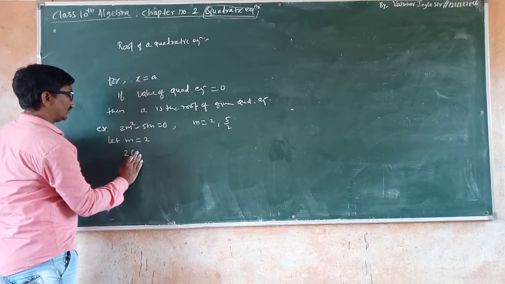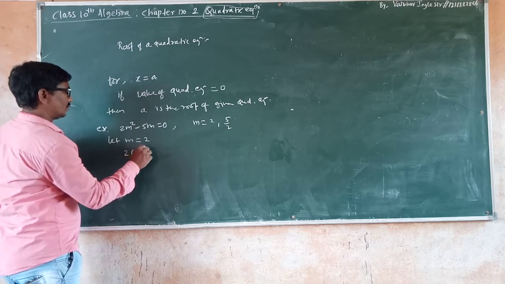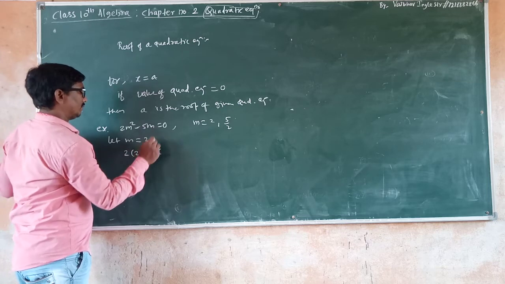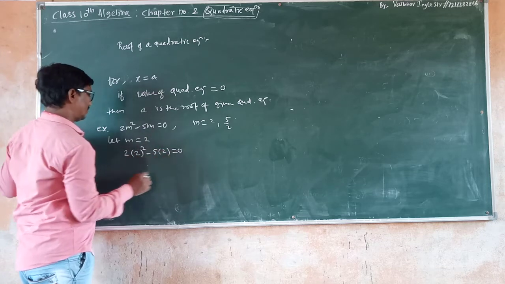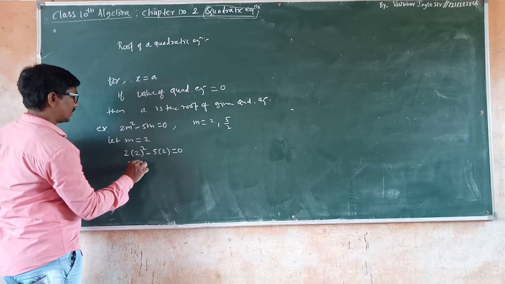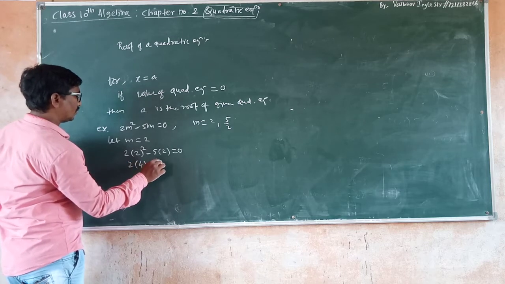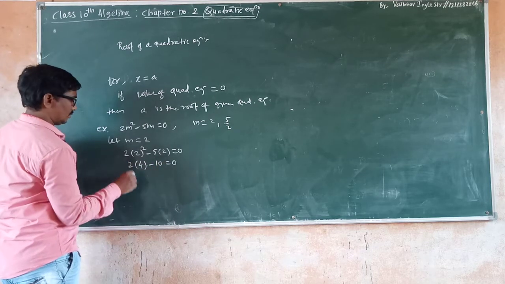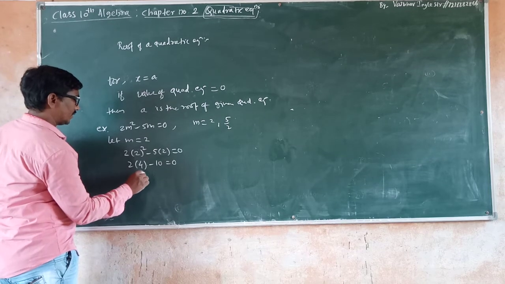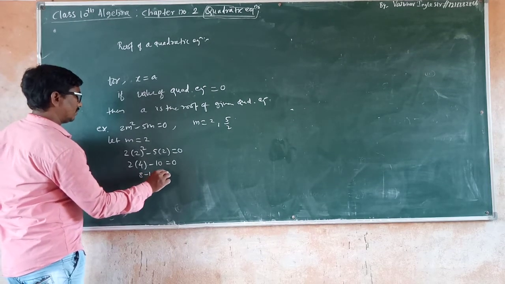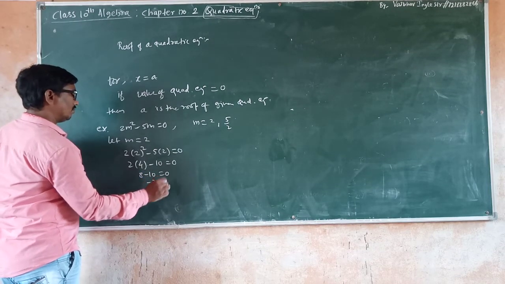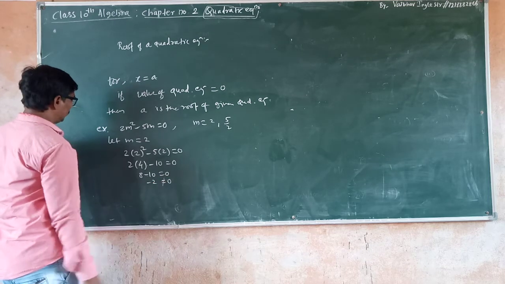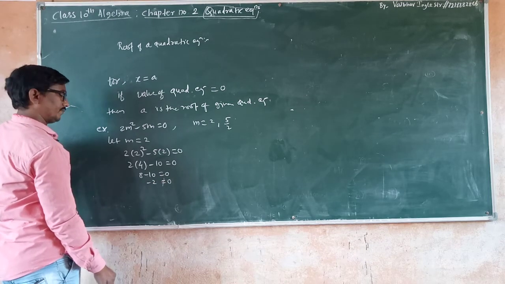So 2 into m square, with m equals 2, is 2 into 2 square, minus 5 into 2, equals 0. So 2 into 2 square, that is 4, minus 5 into 2, that is 10. So 2 into 4, 8, minus 10 is minus 2, which is not equal to 0.